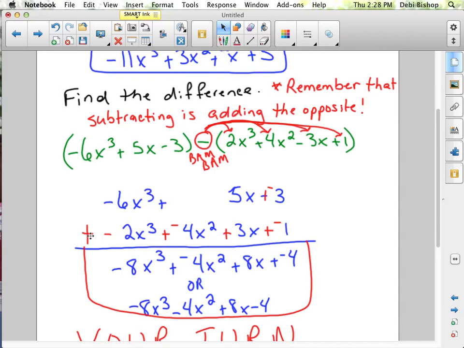So you can see I add a negative 2x cubed, okay, plus a negative 4x squared plus 3x plus a negative 1. Okay, and that's because I distributed my negative sign to every single term inside the parentheses. And then I do like I did last time, and now I just add straight down. So you get negative 8x cubed minus 4x squared plus 8x minus 4.